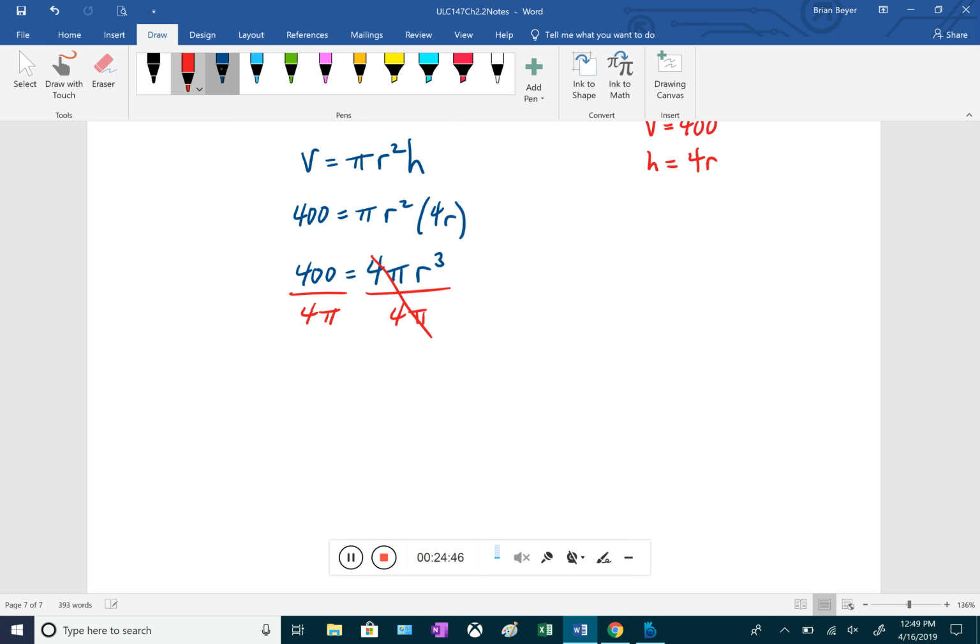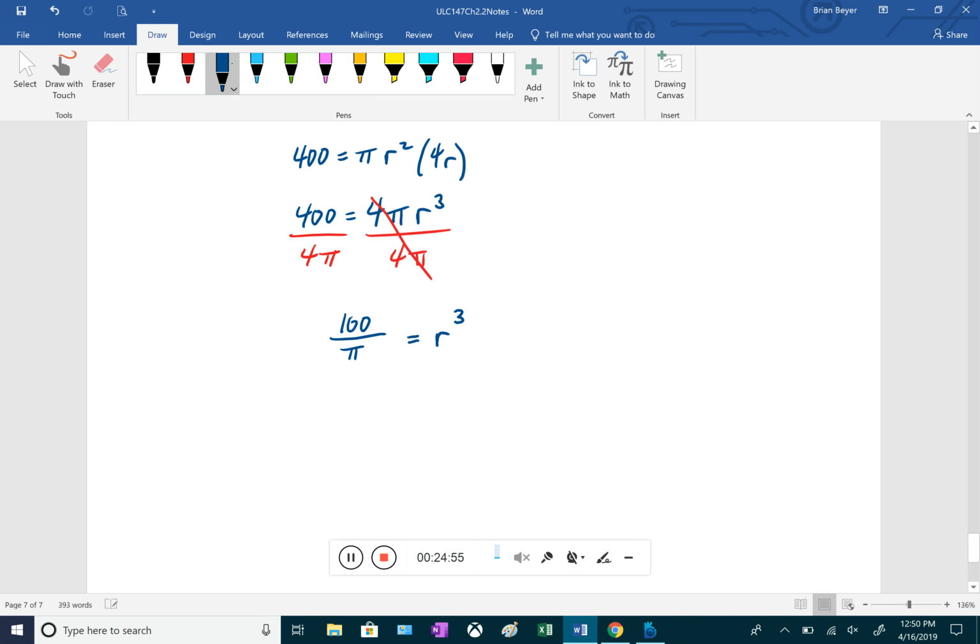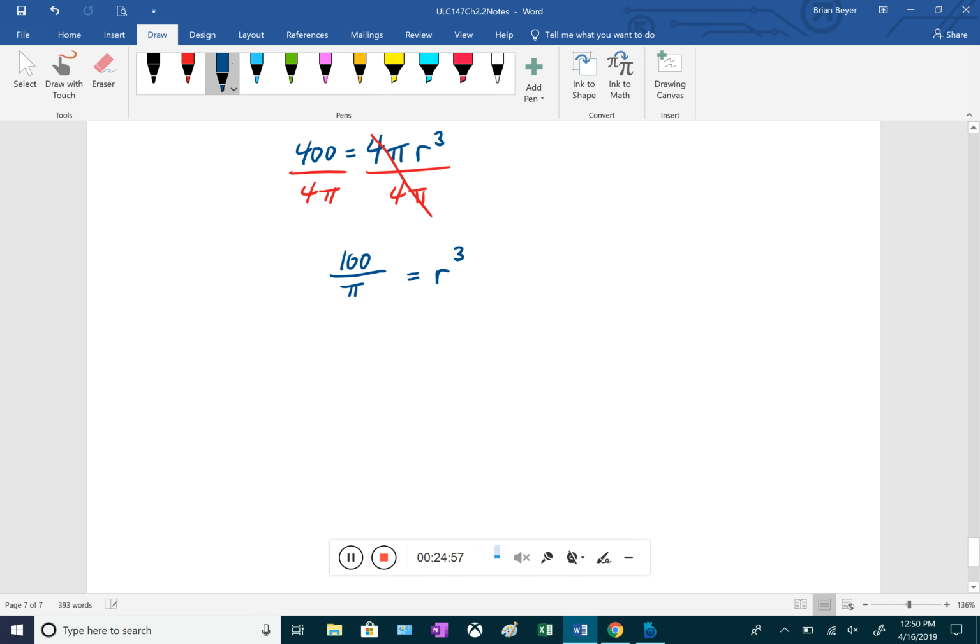So 400 divided by 4 is 100. So that's 100 divided by pi equals r cubed. If we are solving for r cubed here, what we have to do is take the cube root of both sides. This is when I mentioned that it's not linear.